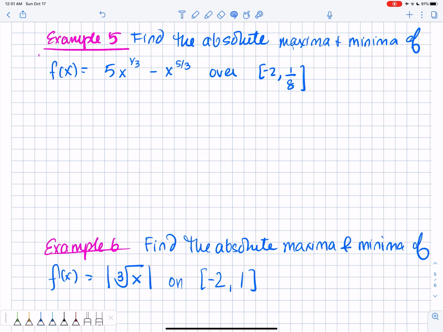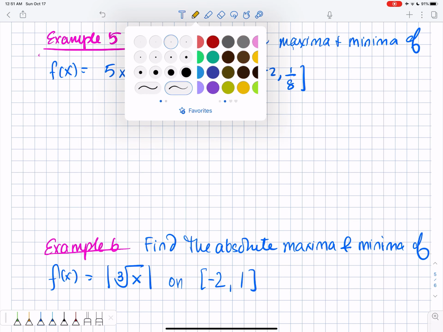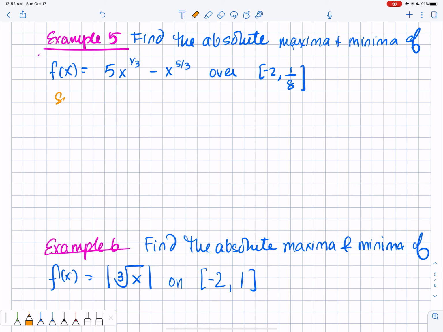I want you to find the absolute maxima and minima of this over that interval. Let's take a look firstly at this, and we'll use orange. You have f of x is 5x to the 1/3 minus x raised to 5/3.